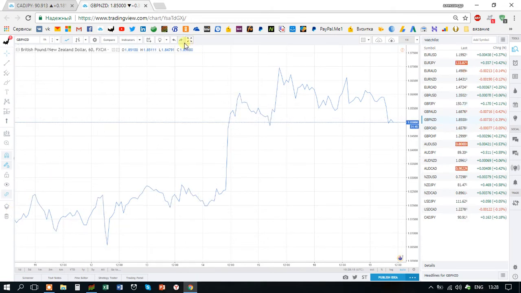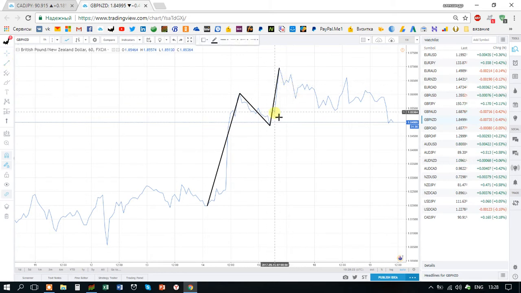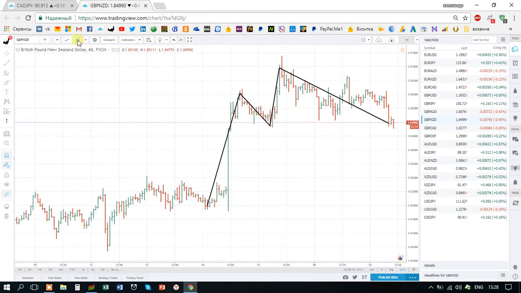Delete all pictures. Bring some of them back. Okay, we have violated that higher low, so we have a lower low instead. No patterns.